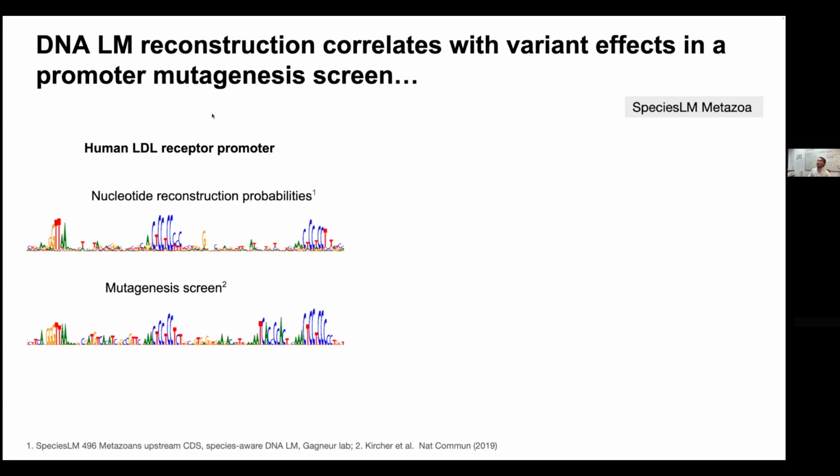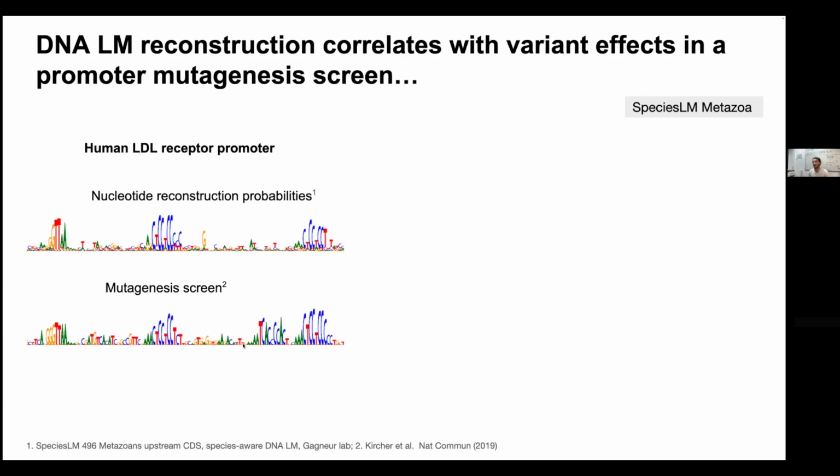This data set is a mutagenesis screen in 9 human promoters from Kircher et al. Here you see an example of a chunk of the human LDL receptor promoter, the nucleotide reconstruction probabilities by our model, species LM metazoa, and the results from the mutagenesis screen.